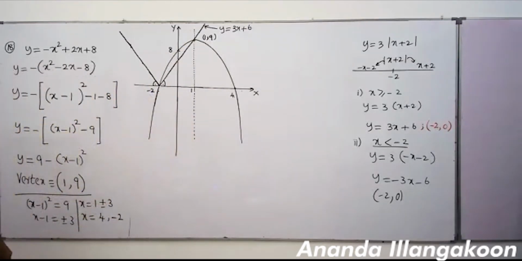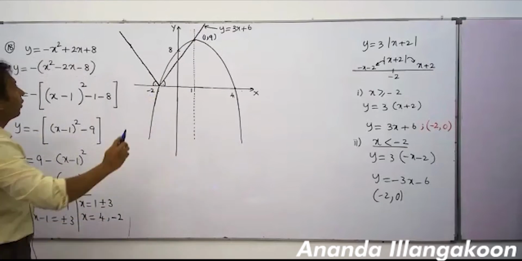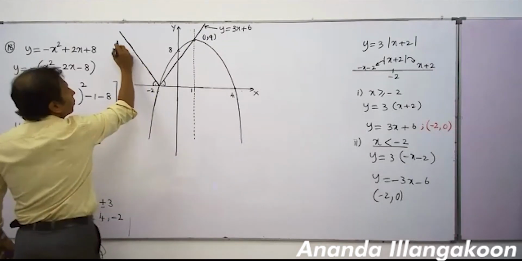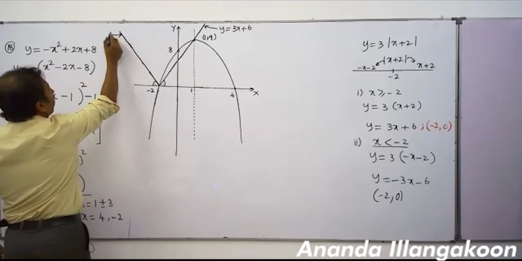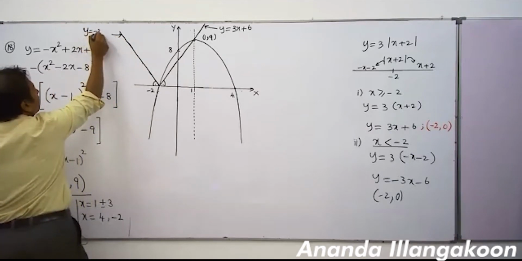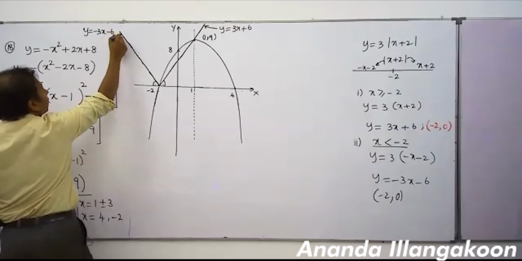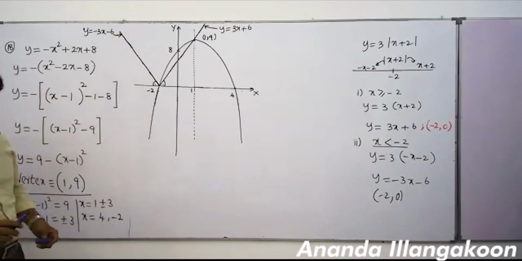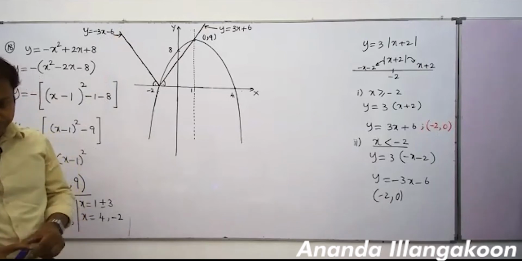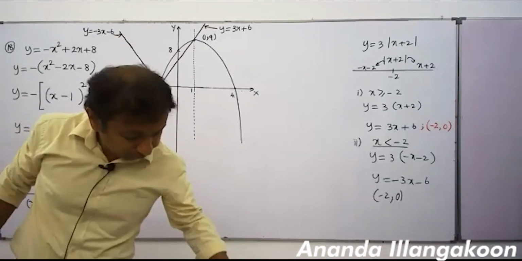Right. Then we drew those two graphs on the same diagram. This is y equals minus 3x minus 6. Okay, right. We do that.